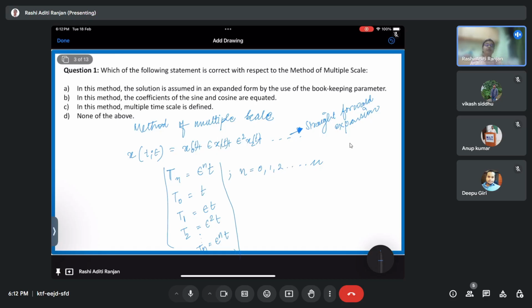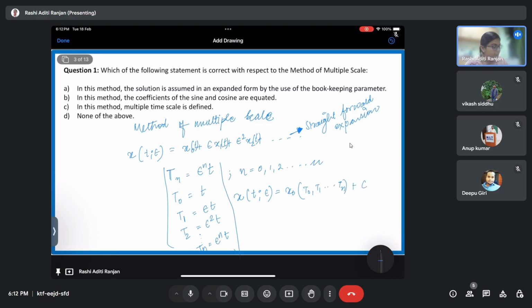Now after using the method of multiple scales, since we have introduced the time in terms of multiple time scales, we are going to write x as a function of these. Now my x naught is going to be a function of T0, T1 till Tn.